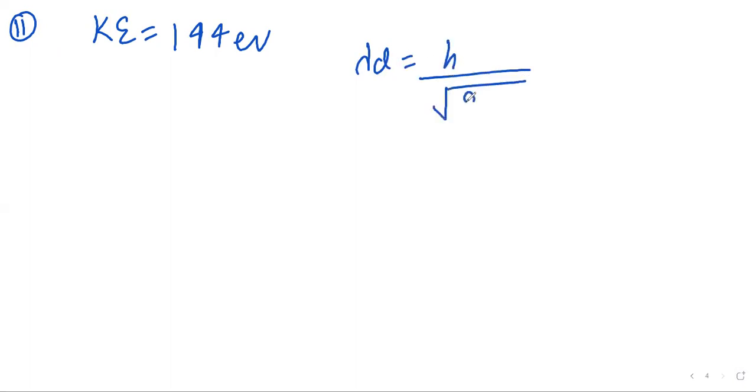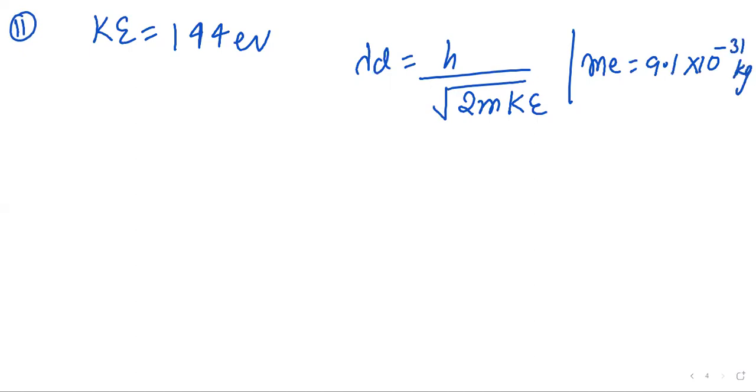The de Broglie wavelength of an electron moving with kinetic energy. The kinetic energy is given, that is 144 electron volt, right? So you have to find the de Broglie wavelength. The de Broglie wavelength is given by h upon under root of 2mK, where m is the mass of the electron, that is equal to 9.1 into 10 raised to minus 31 kg.